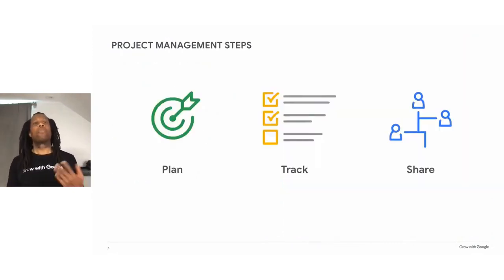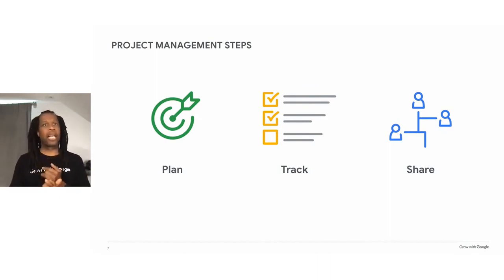There are countless approaches to project management. It's a whole field. But for this workshop, we'll break up the process of managing a project into 3 broad steps: planning the project out, tracking it, and sharing the results. Today, I'm going to show you several digital tools that can help you with this process, including a project proposal and a presentation you can use to share project results.